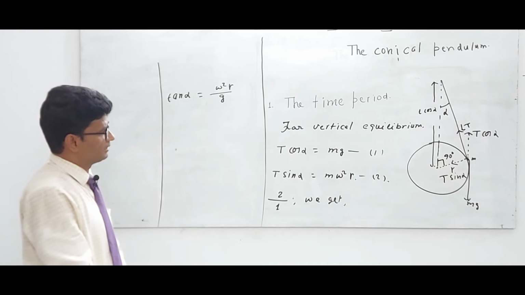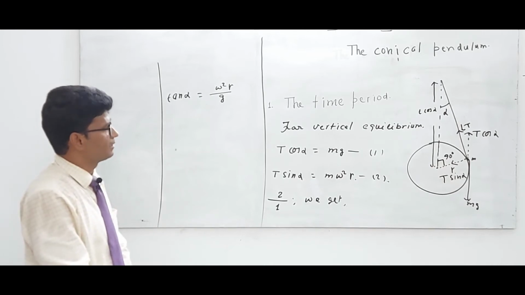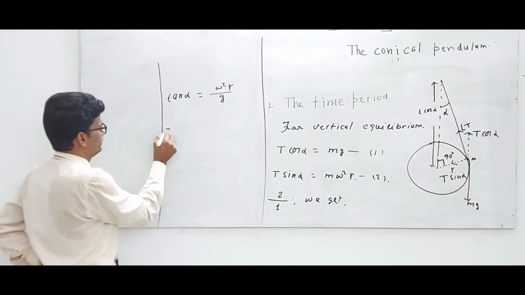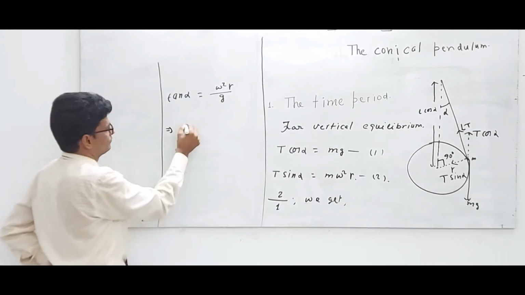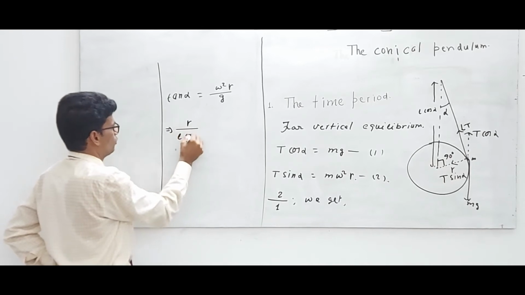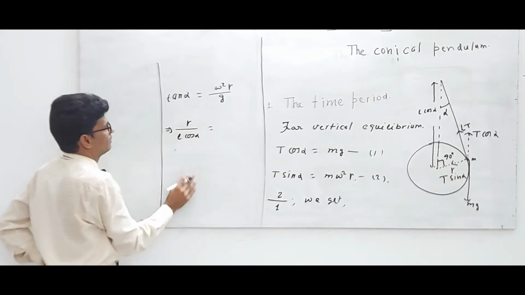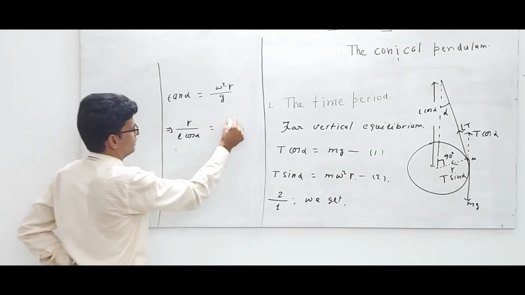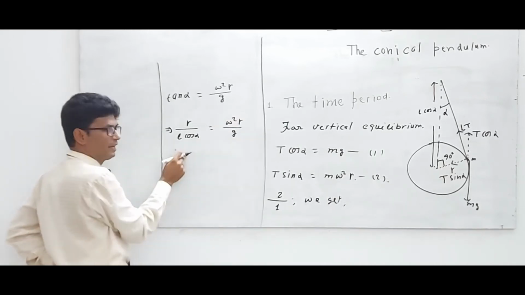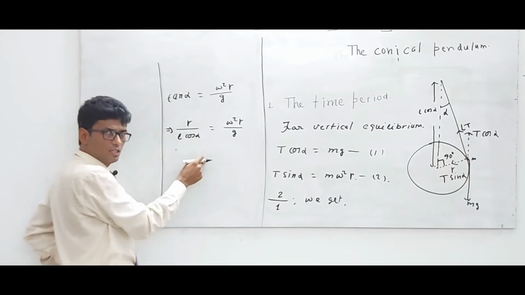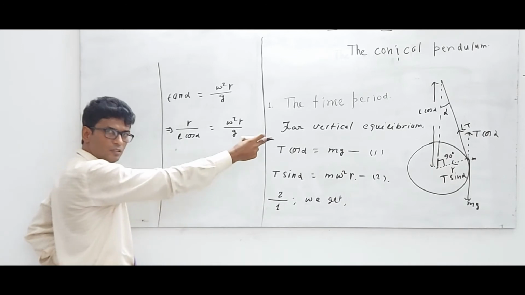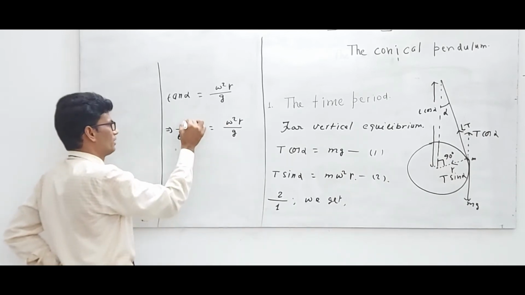Here perpendicular is small r and the base is L cos alpha. So write down here r over L cos alpha is equal to omega square r over g. Here small r is not equal to 0 because there is some radius of the horizontal circle. So cut it here.